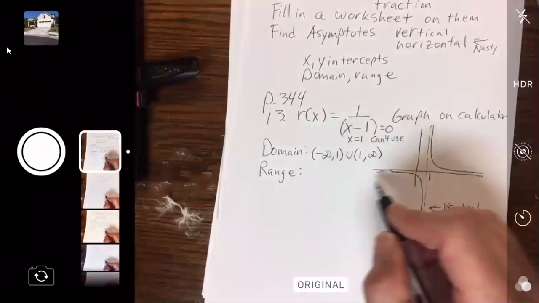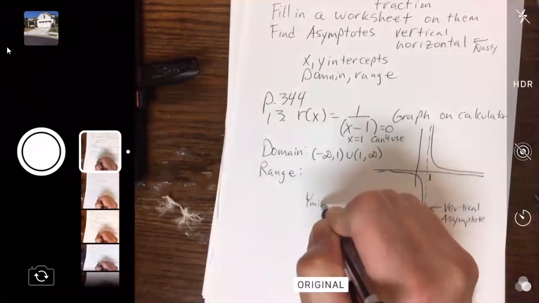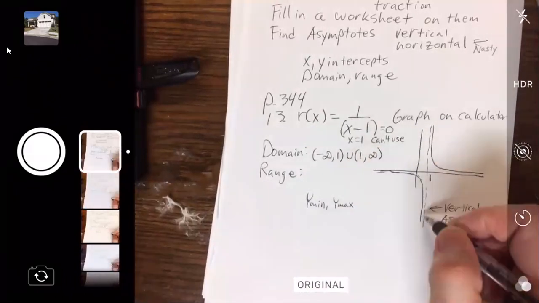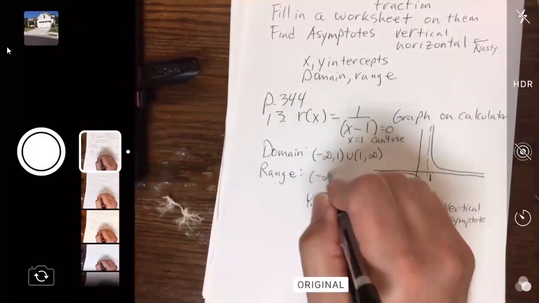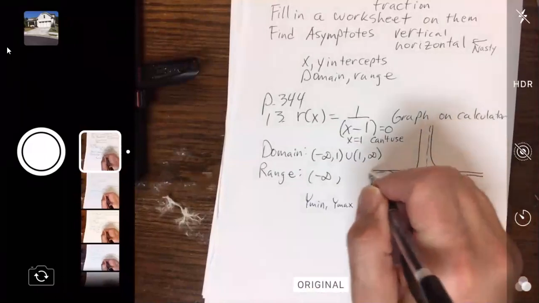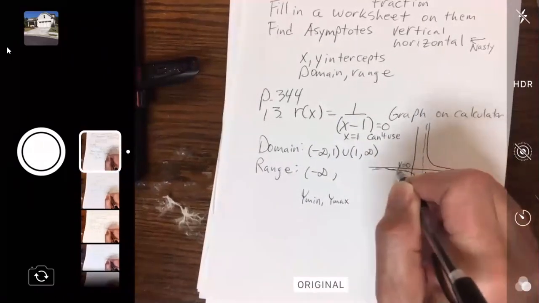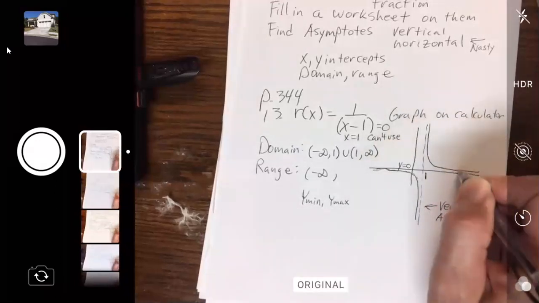Now you do need the graph for the range. Remember, a range is y min to y max. Your minimum y, you see this goes all the way forever down. That's negative infinity. Now notice how they bend at 0. This is the x-axis, y equals 0. It's bending below there, and it's bending to it here. It never crosses it.